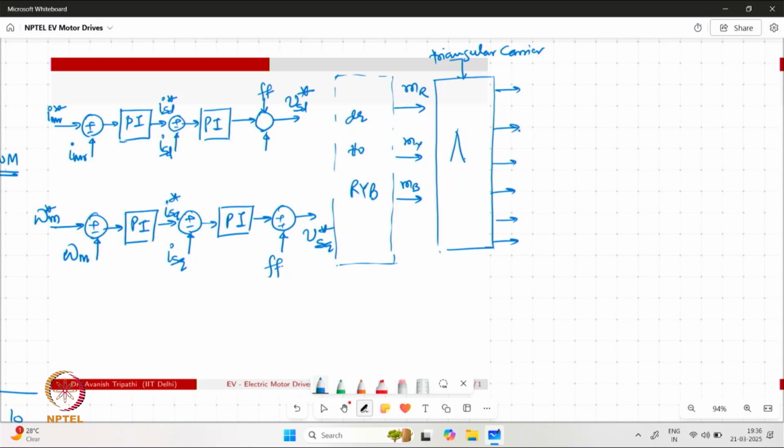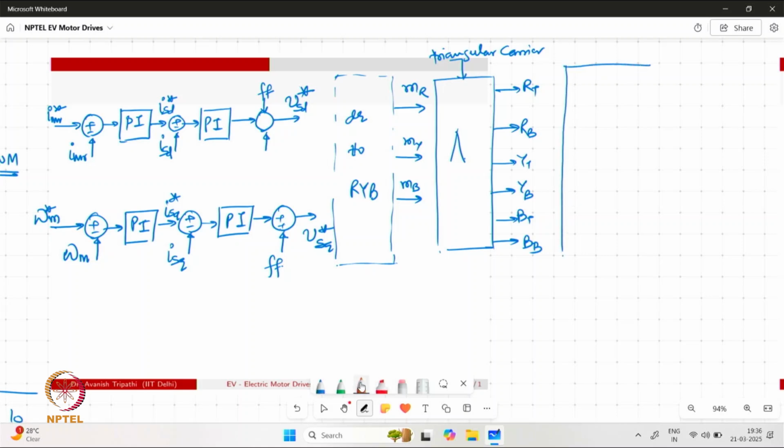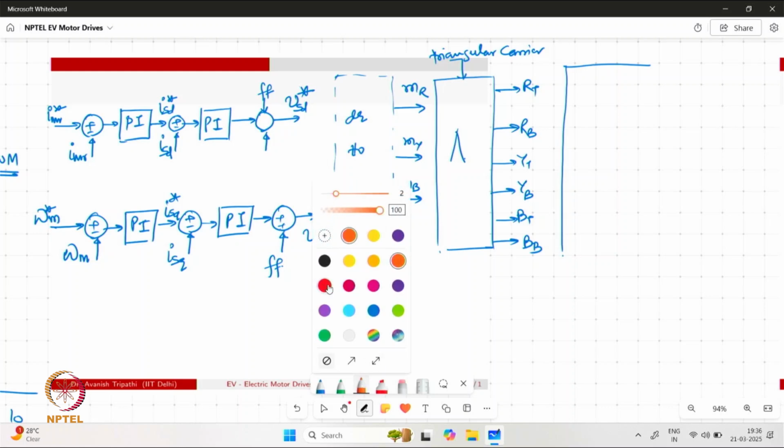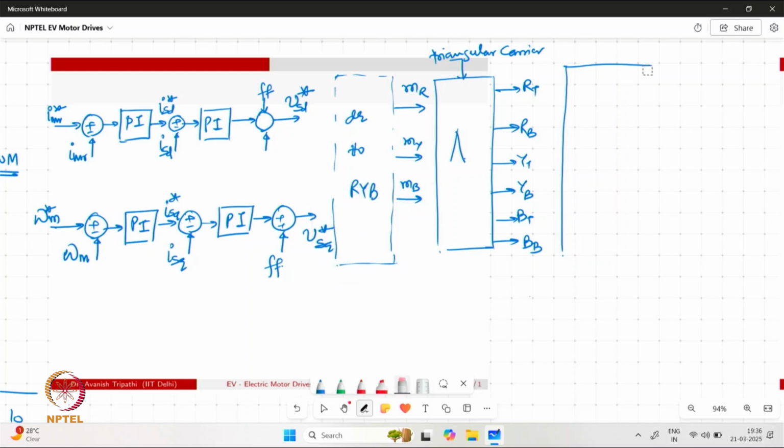So we are considering a two-level VSI. So we have R top, R bottom, Y top, Y bottom, B top, B bottom. So these gating pulses are generated, which are eventually fed to the gate driver unit of the inverter. So the hardware can be represented with a different color, for example red.